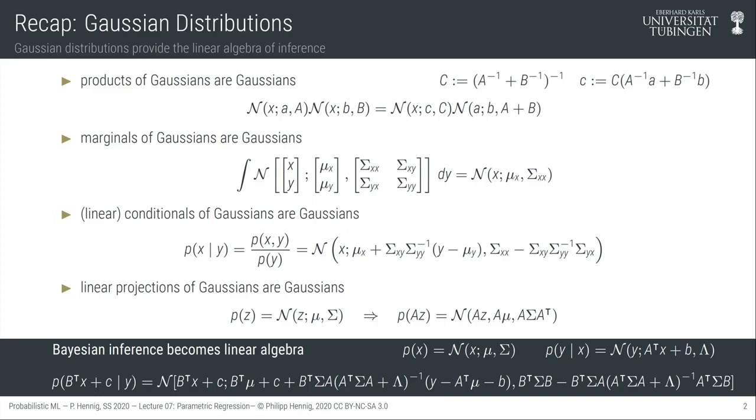What we're going to do today is to use this insight to construct our first concrete, still very basic, but concrete Bayesian machine learning algorithms that allow inference on non-trivial quantities that are actually important in practice.